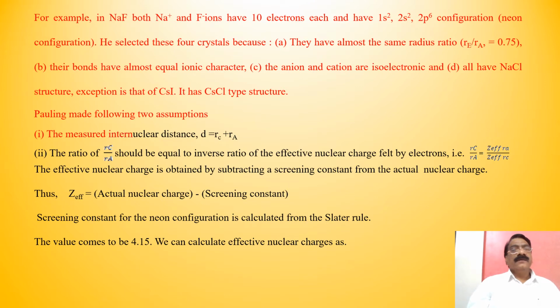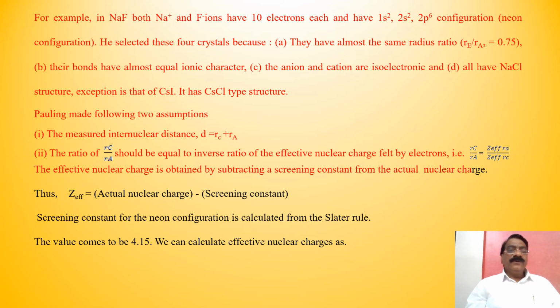Pauling made two assumptions for the calculation of ionic radii. First, the measured internuclear distance d is equal to Rc plus Ra. And second, the ratio of Rc upon Ra should be equal to the inverse ratio of the effective nuclear charge felt by the ions, that is Rc upon Ra is equal to Z effective of Ra upon Z effective of Rc.